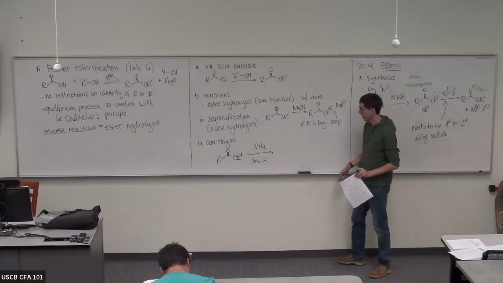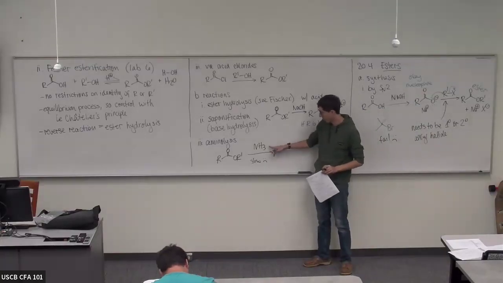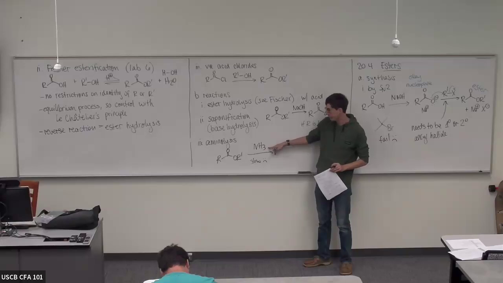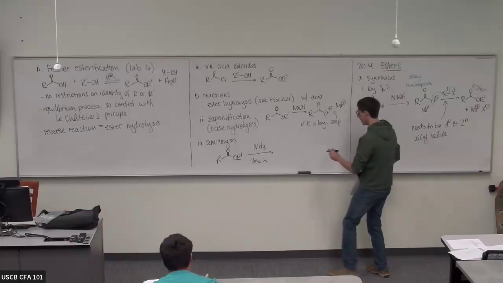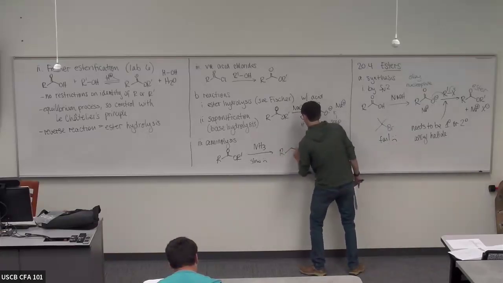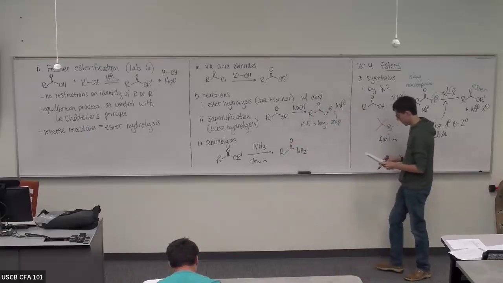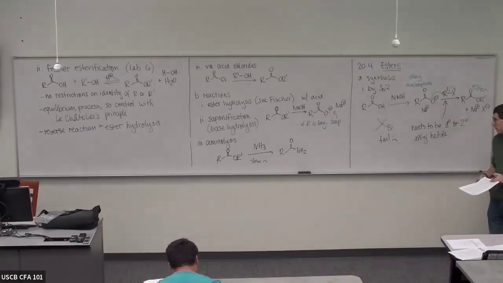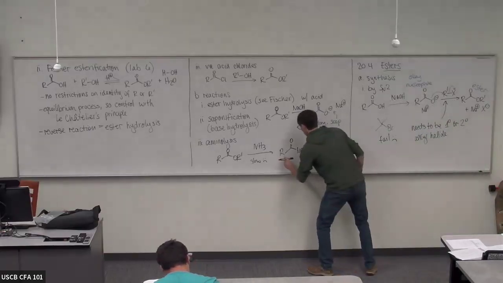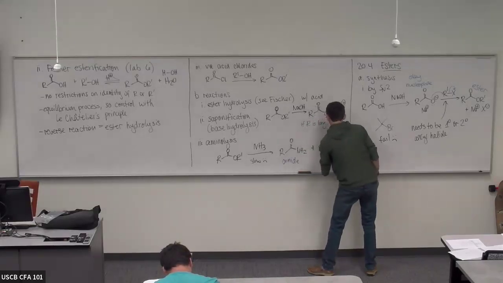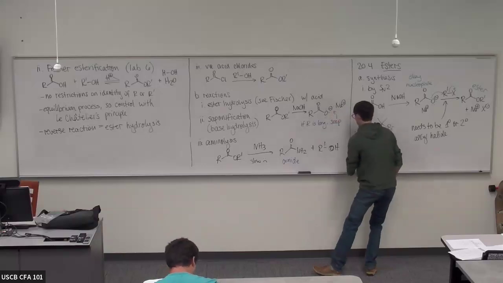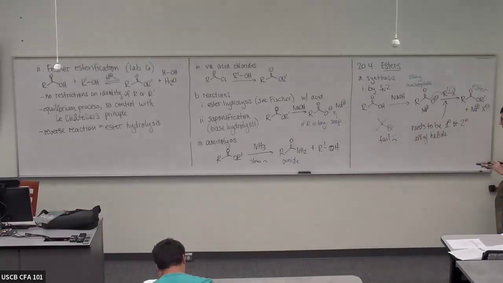Again, this tends to be a problem reaction. If you're trying to do some chemistry with ammonia or some sort of nitrogen compound, you have an ester, sometimes this can create a little bit of side products. And you get an amide. And the other R group comes off as an OH.